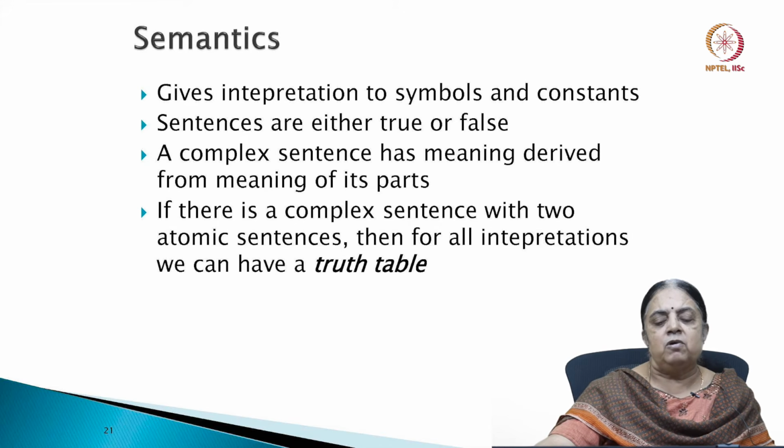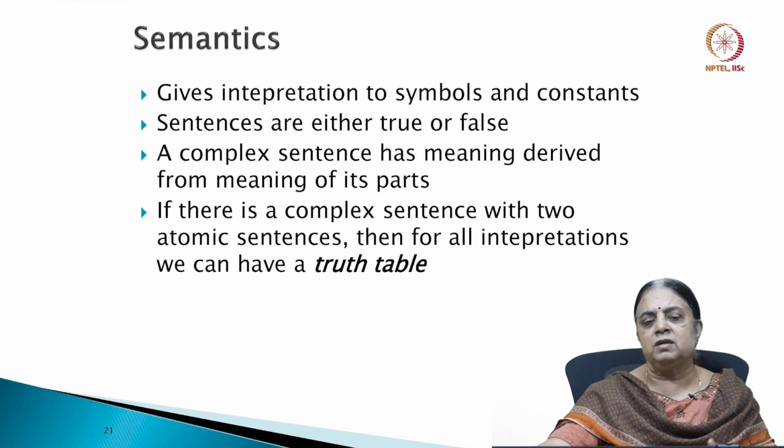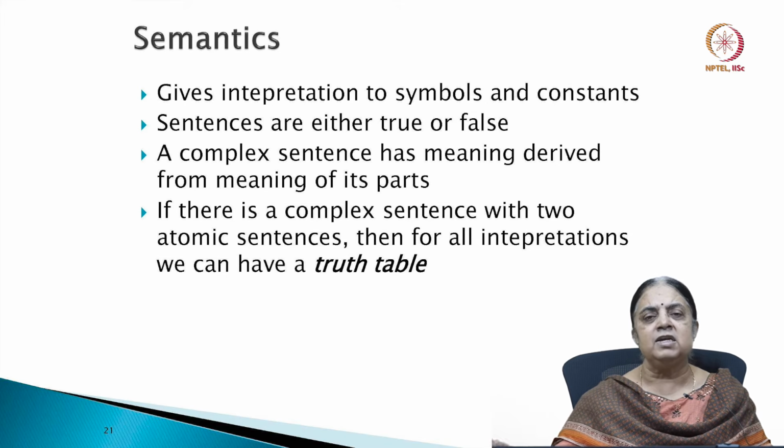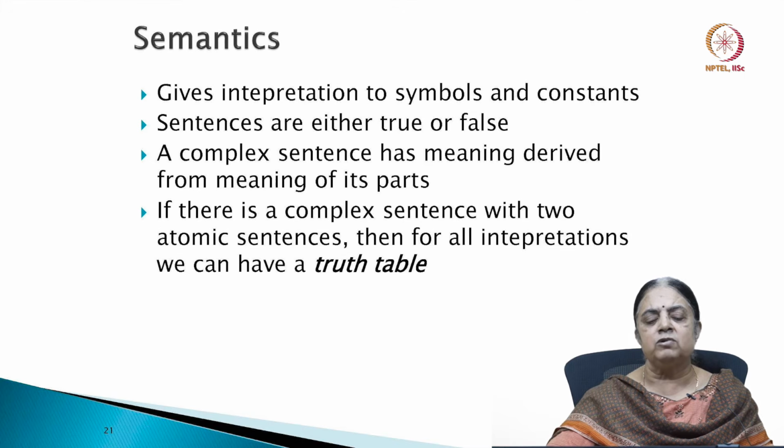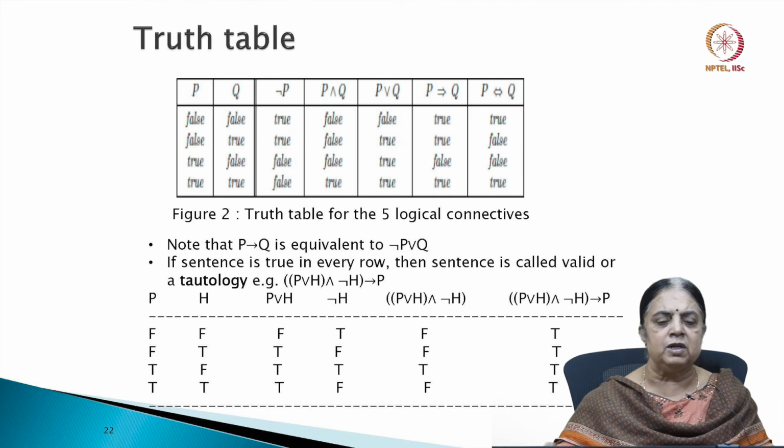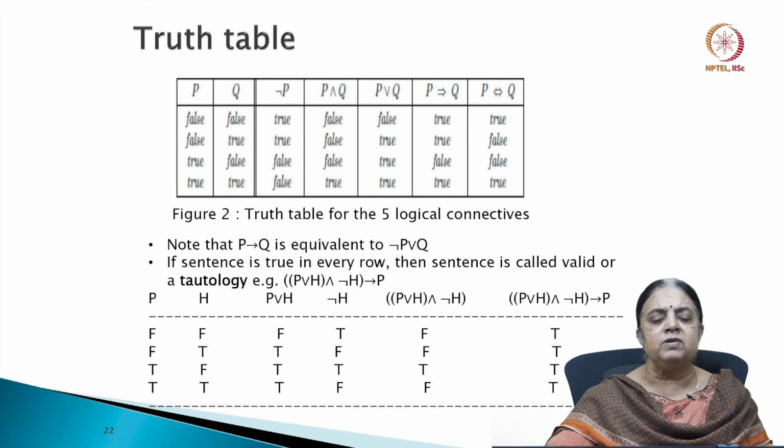So if there is a complex sentence with two atomic sentences, okay, with some connective in between, then we can see what are all the interpretations it can have by using what is called the truth table. So let us see what this truth table is. So here we have taken two propositions P and Q. If we take two propositions P and Q, there are four possible values.